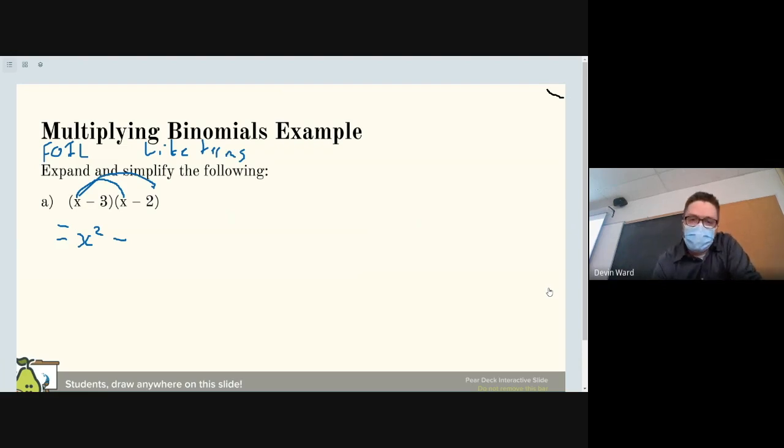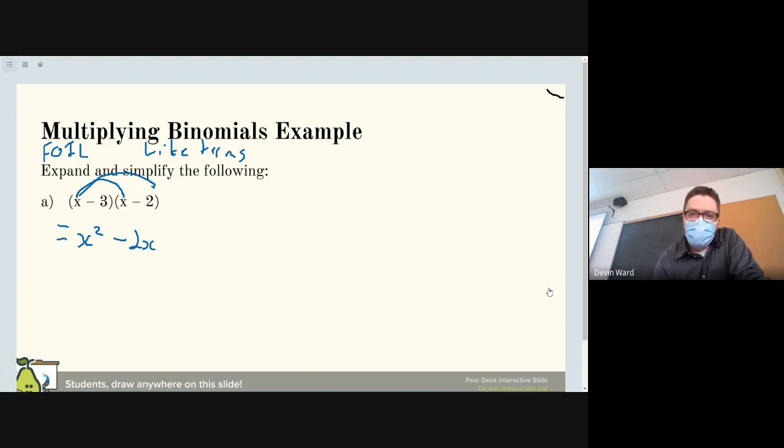Perfect, negative 2x. It's important when you're multiplying, make sure you look at the operation in front of it. If it's addition, they're all going to be positive. If it's subtraction, it's going to be negative. Unless your first term is negative, then you have negative times negative, which becomes positive.